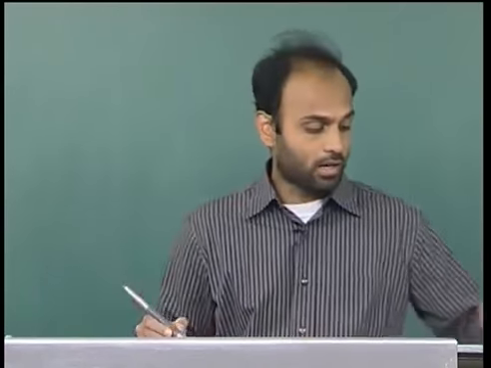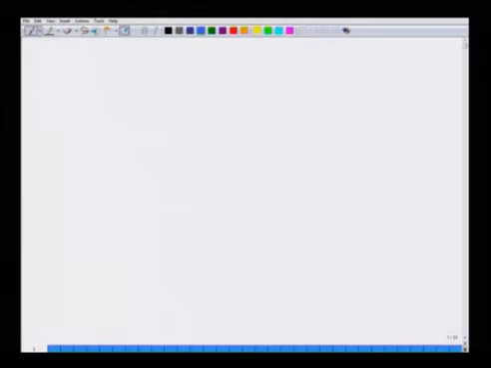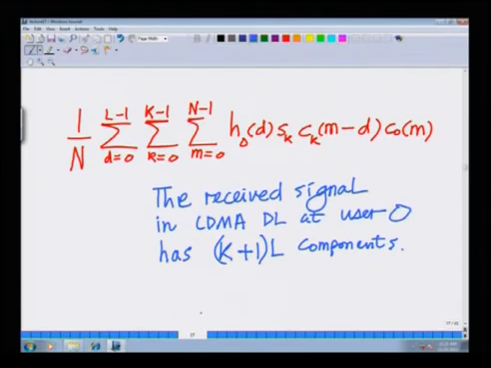So, now let us start with this expression that we have over here, which is the received downlink CDMA signal after decorrelation. Remember, we had correlated this with the code sequence corresponding to user 0.